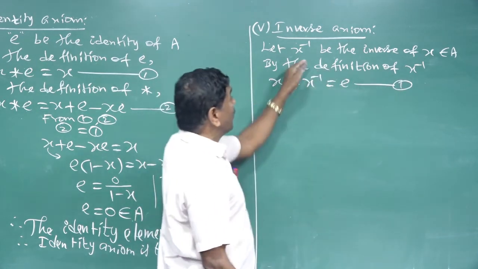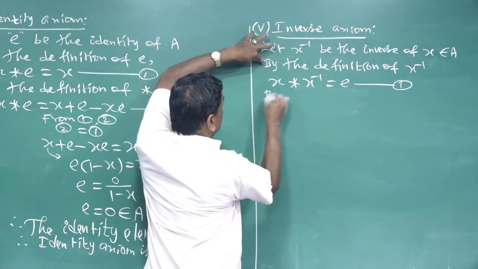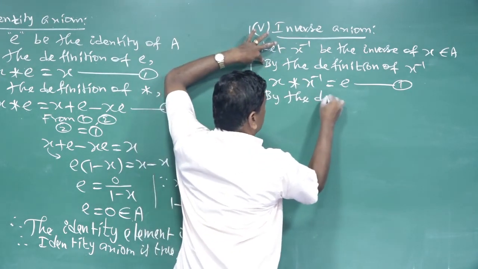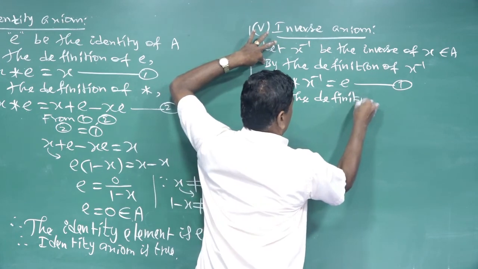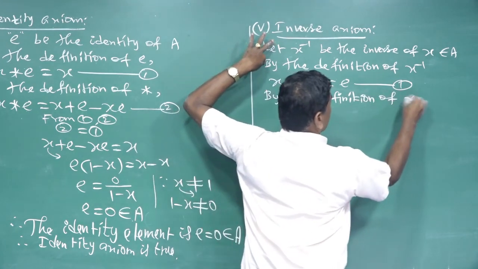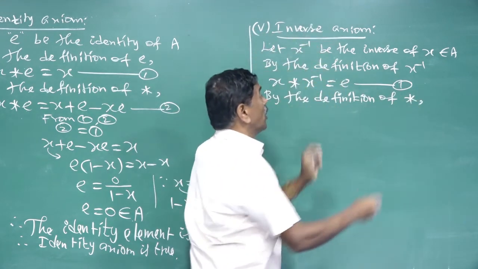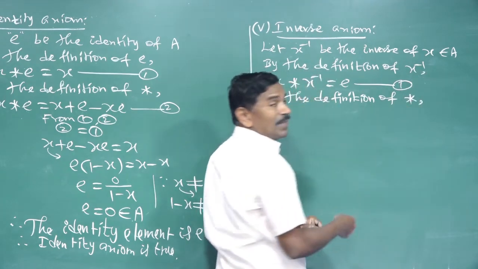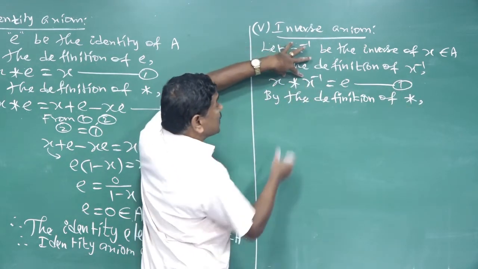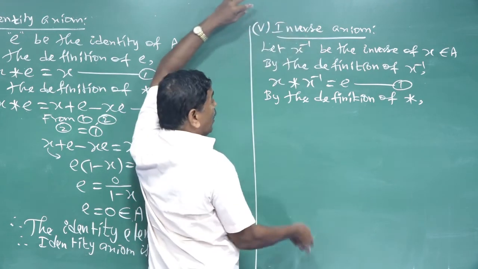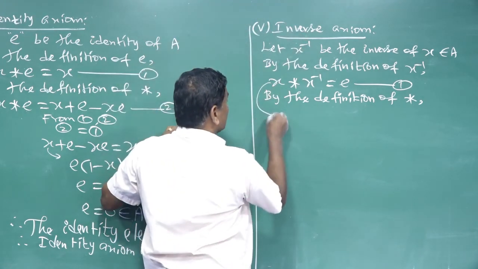Now by the definition of star. Can you tell me what is the definition of star? Take the same LHS. That is important. I want to take the same LHS, don't forget.